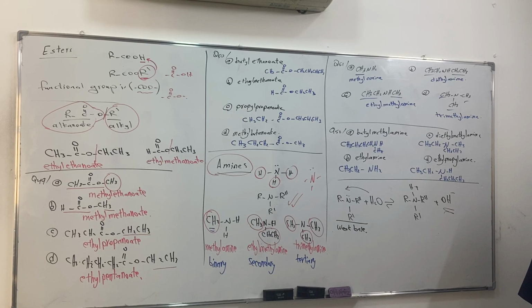We have another group of amines called alkaloids. Alkaloids, the class of organic compounds known as alkaloids, also consist of amines.